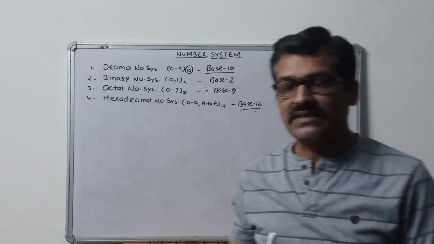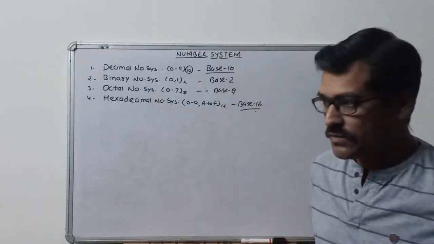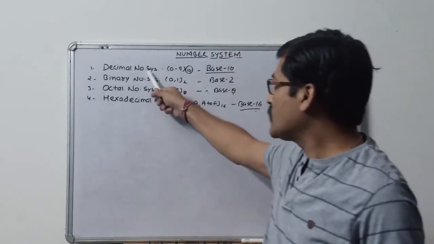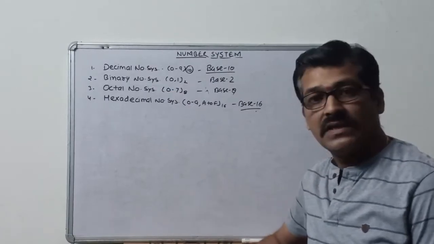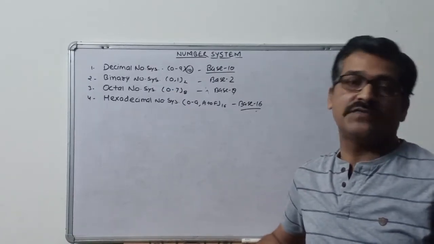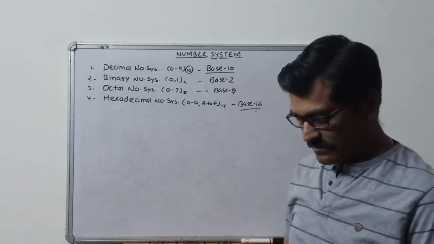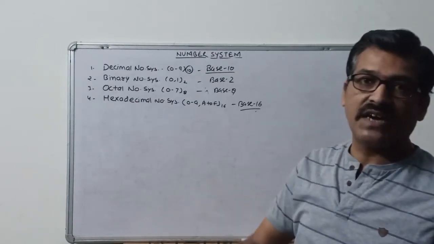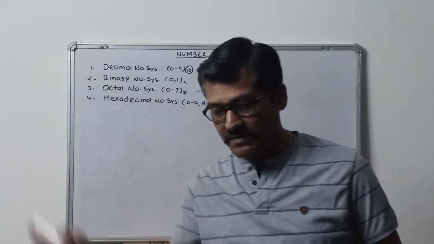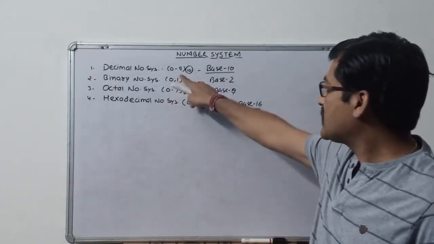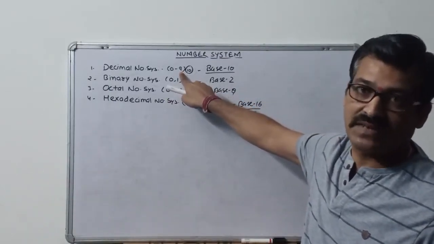Before starting the syllabus point of view, I am going to tell you the role. The decimal number system, as we all know, it is used in our daily routine life. In day-to-day life, we are using the number 0 to 9 to frame the multiple digits. So decimal number system is the user's number system basically.